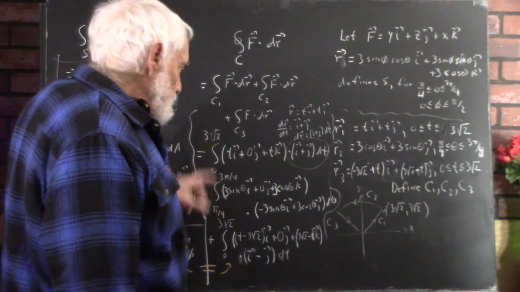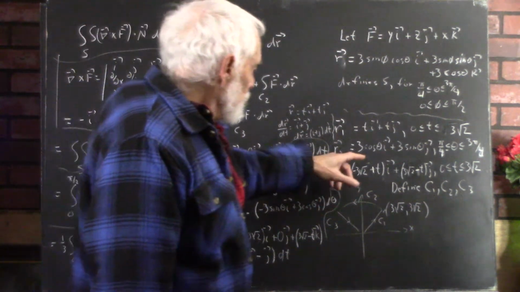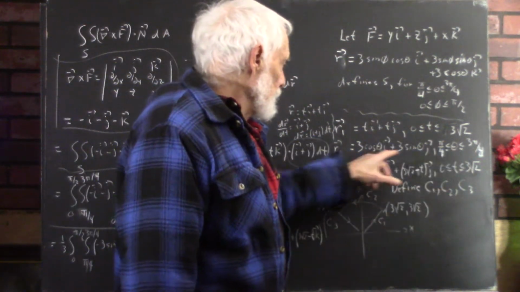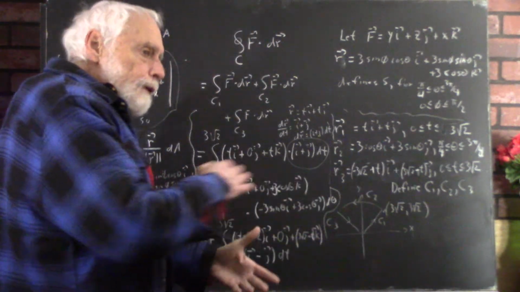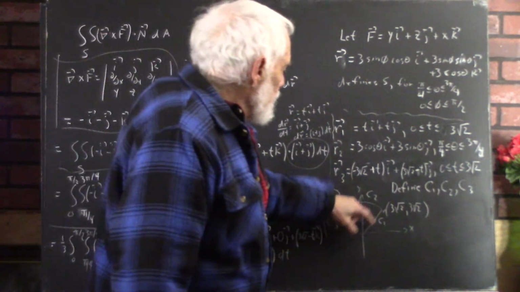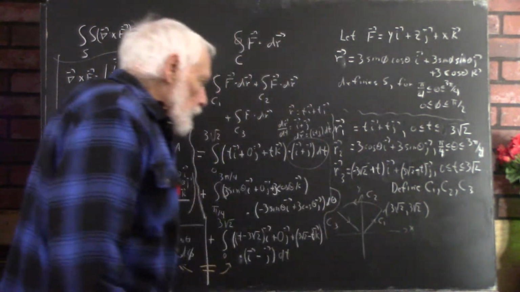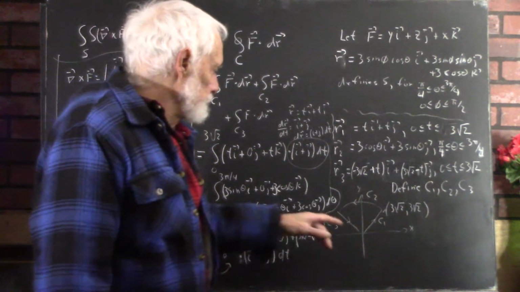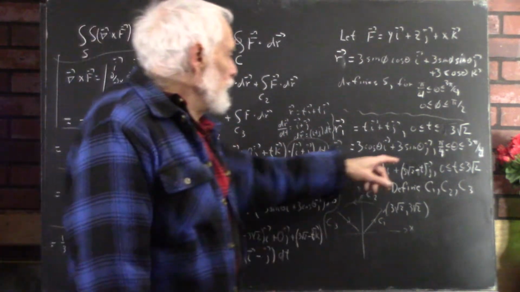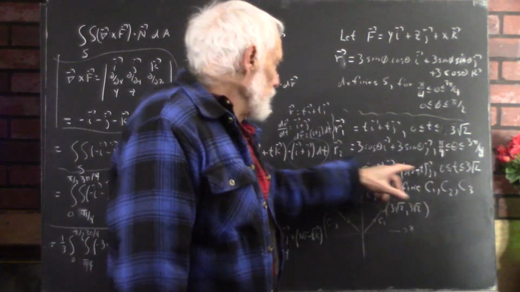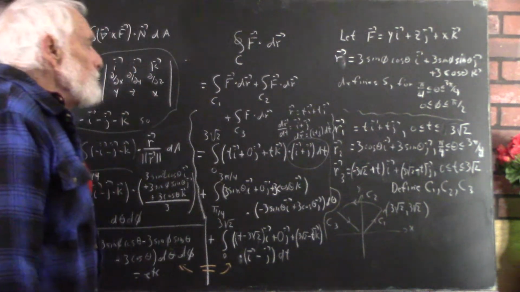The integral over C2, well, C2 is a part of the curve, corresponds to this parameterization. It's the arc of a circle of radius 3 between the angles, values of theta, theta from pi over 4 to 3 pi over 4, 3 cosine theta i plus 3 sine theta j.